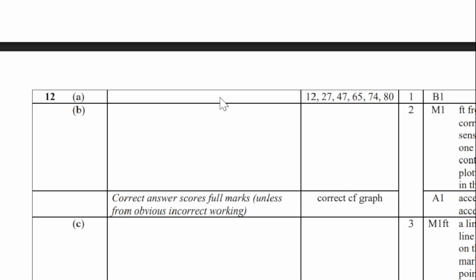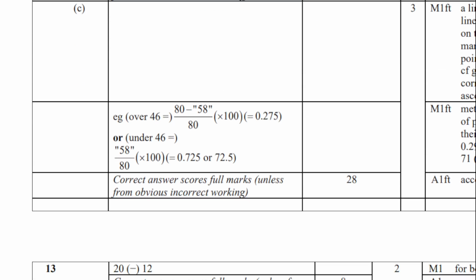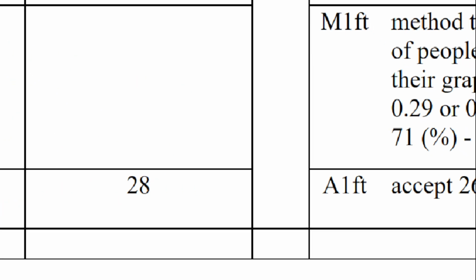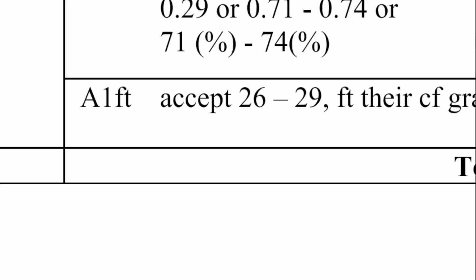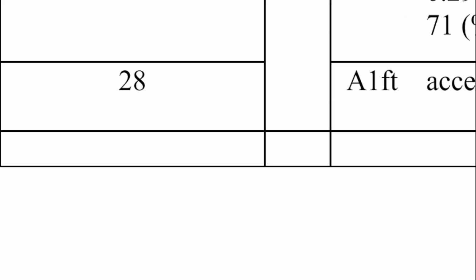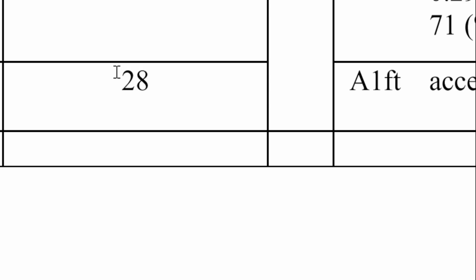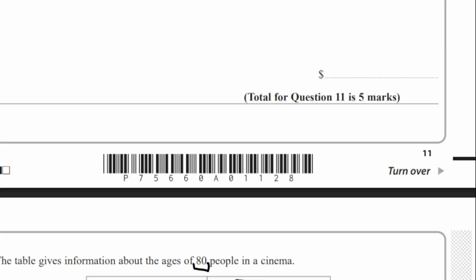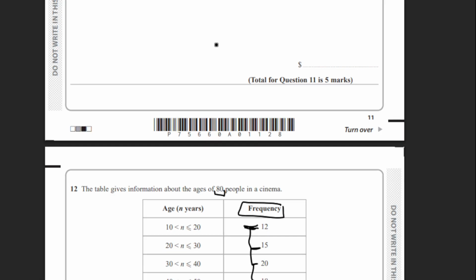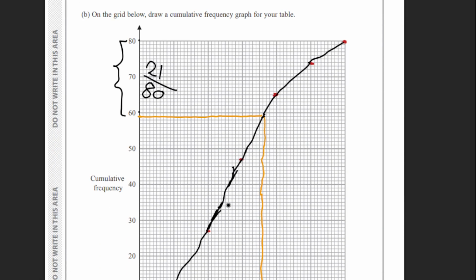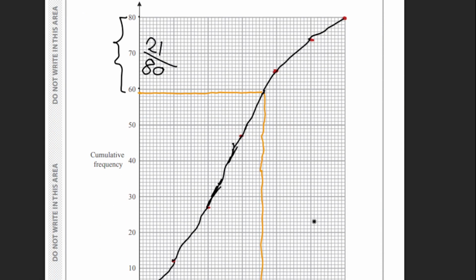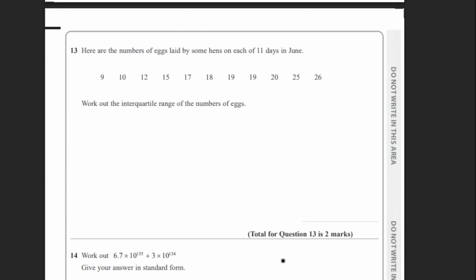This is the ranges. They say accept anything from 26 to 29. The perfect answer is 28. So we got the range, but we didn't get the perfect answer because I'm drawing on a tablet. On your paper, try to make it as nice as you can. So that's it for this question. We got the full mark.